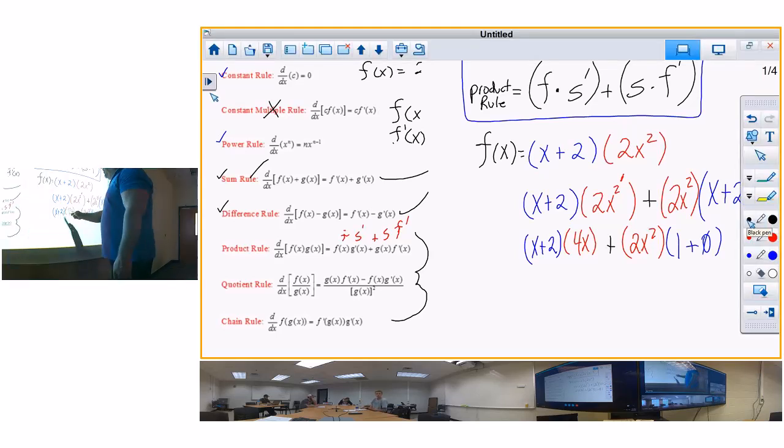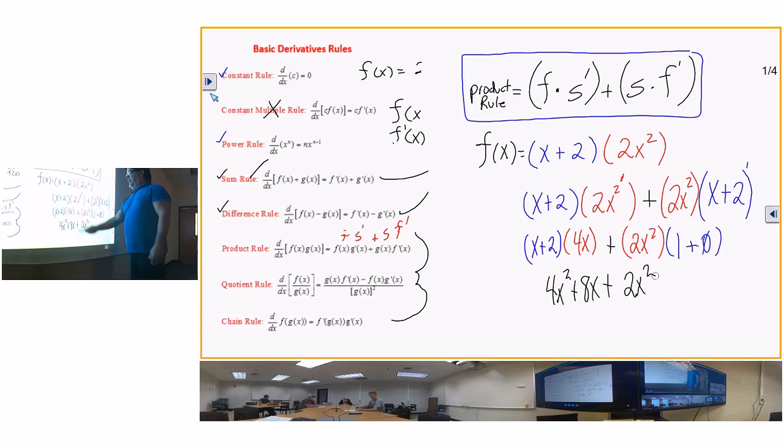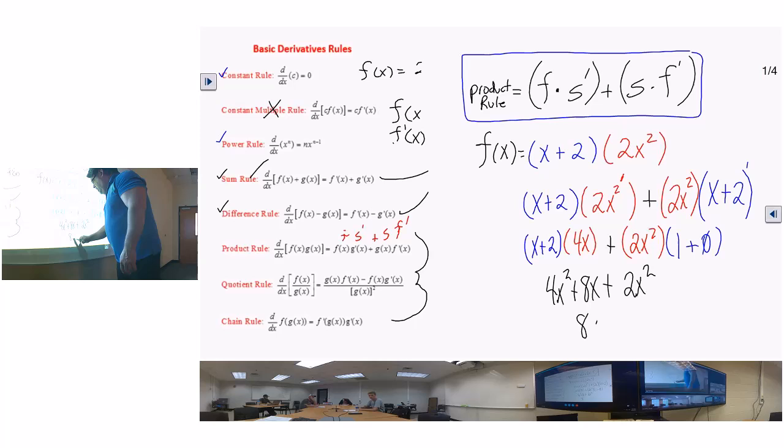So now we take our algebra, and I'm going to go black now. So that's going to be 4x squared plus 8x plus 2x squared. And 4x squared plus 8x plus 2x squared is 8x squared plus 8x.